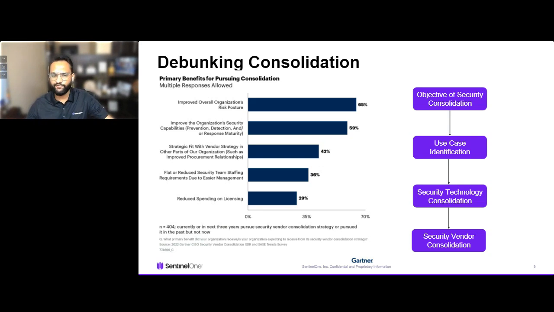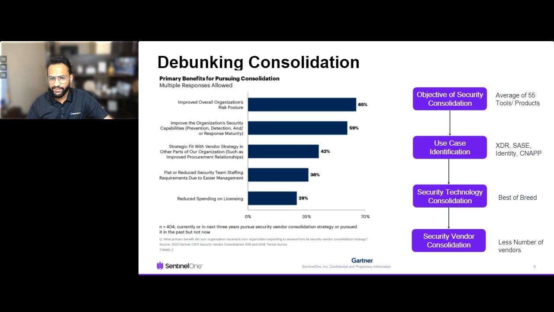And then in the fourth stage, you can look at security vendor consolidation. Now that you have identified multiple technologies which can integrate with each other, you see what technologies can come from the same vendor. If a survey says that an organization has approximately 55 vendors, then it can bring that down from 55 completely disjointed vendors to a lower number of vendors.